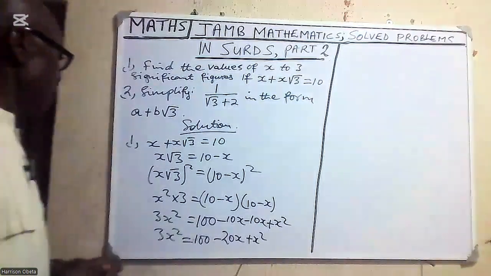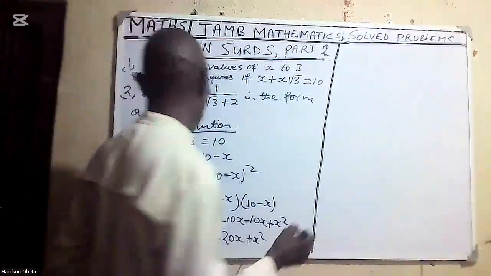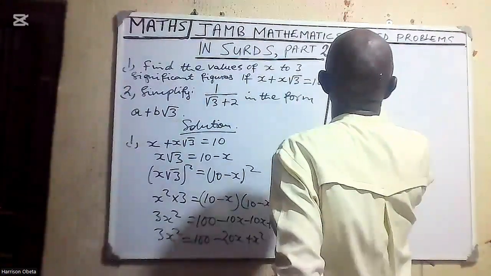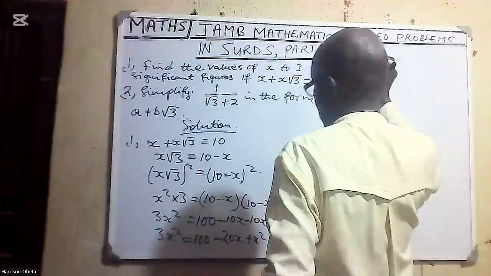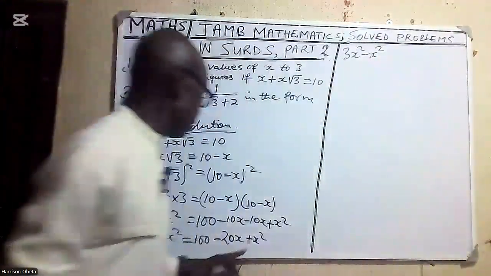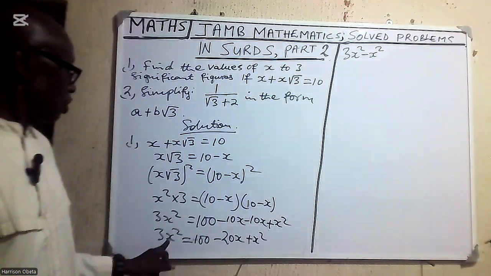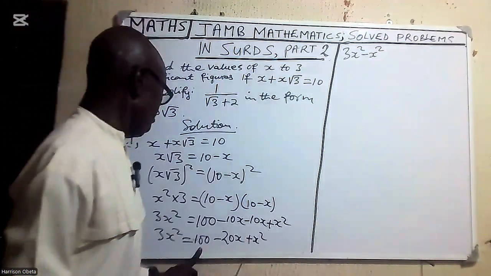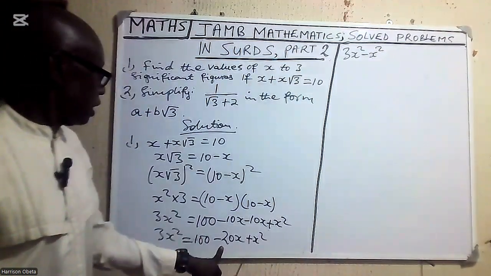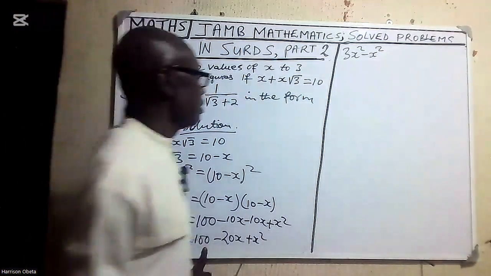Now, bringing everything from here to this side, we are going to have 3x squared minus x squared. This x squared crossing the equality sign will become a minus. Also, this 20x crossing will be plus, and this 100 will now be minus.